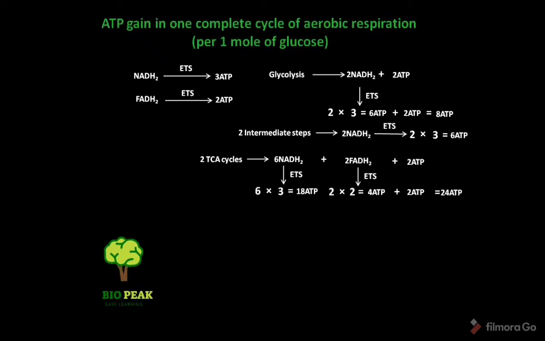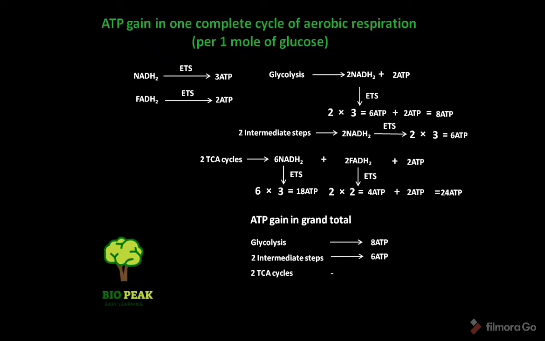So ATP gain in grand total: glycolysis forms 8 ATP, 2 intermediate steps form 6 ATP, 2 TCA cycles form 24 ATP.